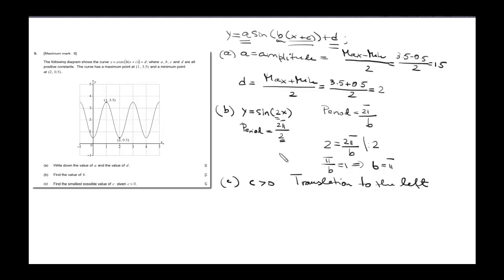And when I look at where the sine function should start, it means that c, the translation, has been done by 1.5 units. So c equals 1.5.